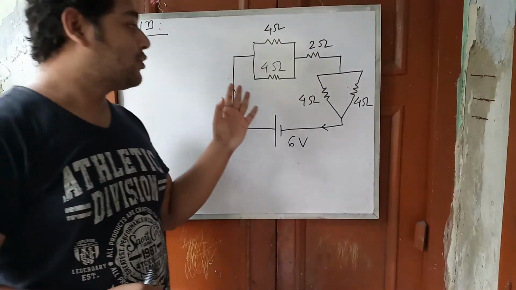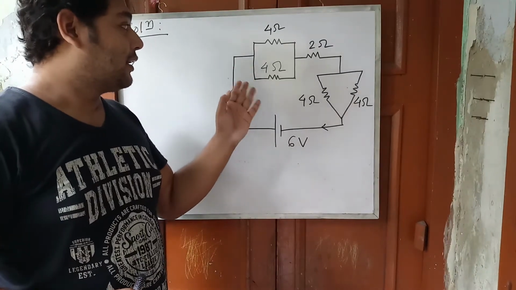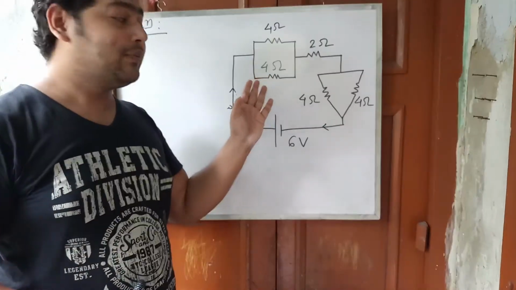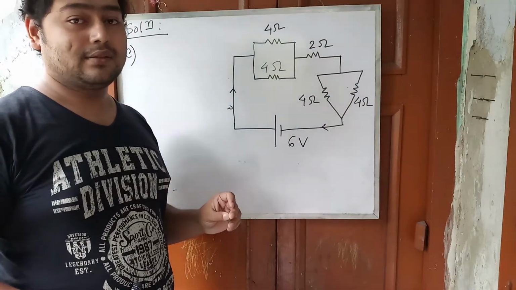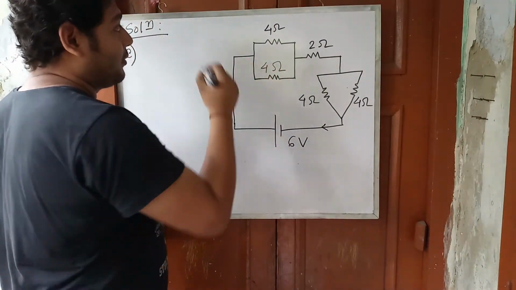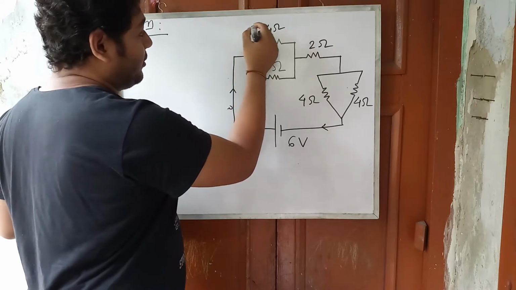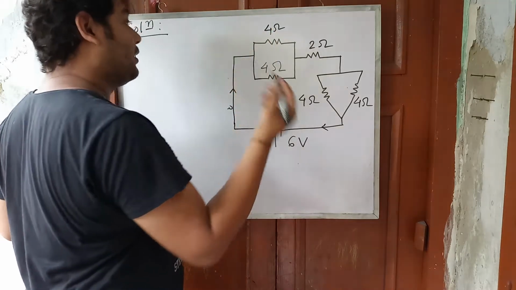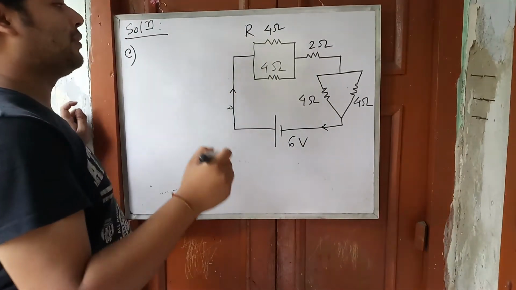First, we need to realize which resistances are in parallel and which are in series connection. The first thing is you should write the name of the resistances.